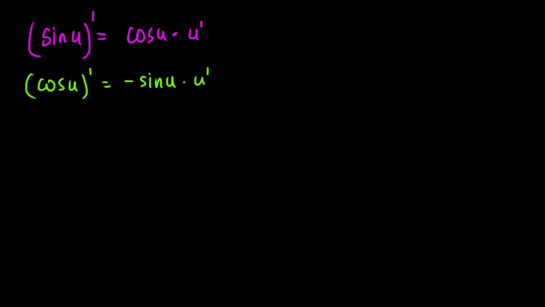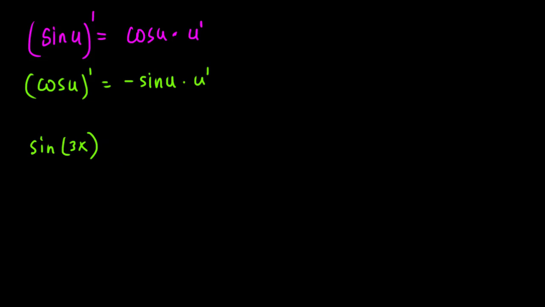The same idea of the chain rule also applies to trigonometric functions. For example, let's say you have sine 3x, where 3x is like your u.